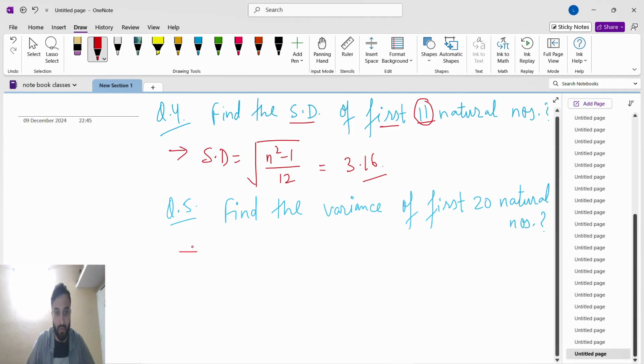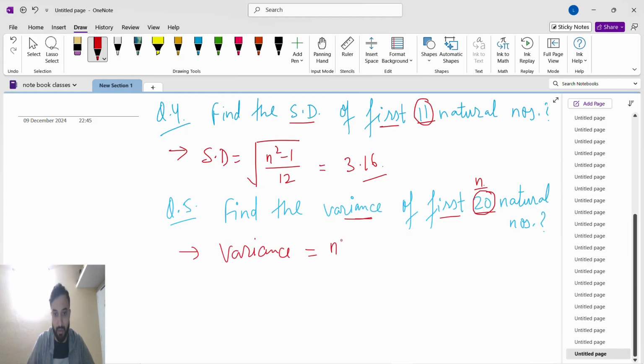Now here we have to find the variance of first n natural numbers. N is 20. So we'll write the formula. The variance is just n square minus 1 by 12. So n is 20. The 20 square is 400. 400 minus 1 is 399 divided by 12. 33.25.